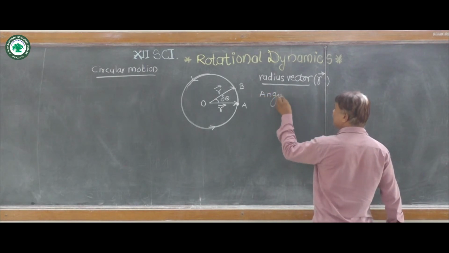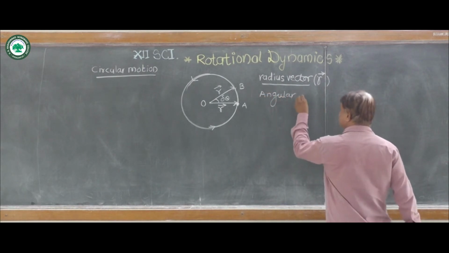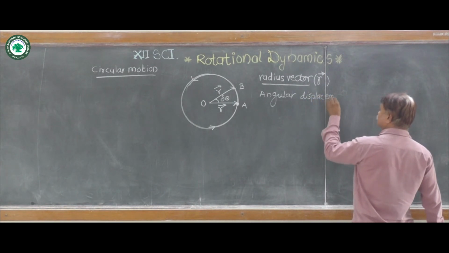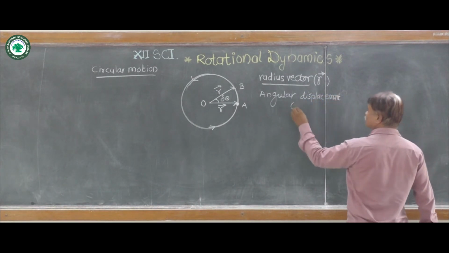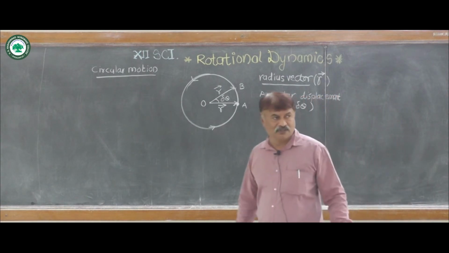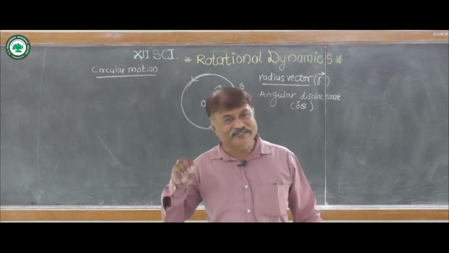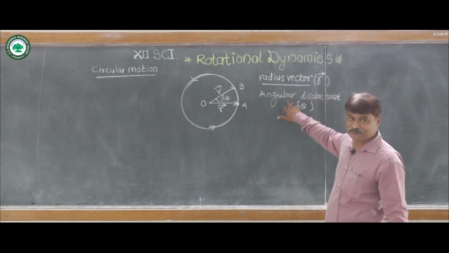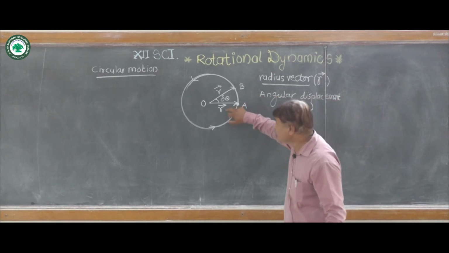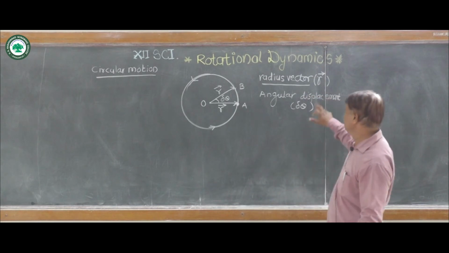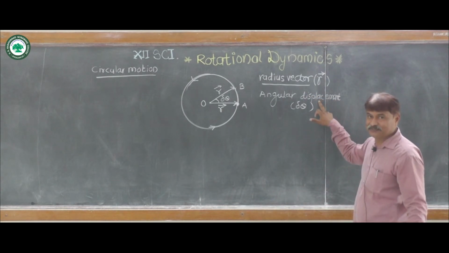So we can define angular displacement. Delta theta. From this diagram we can define angular displacement. The angle traced by the radius vector in a given time is called angular displacement.